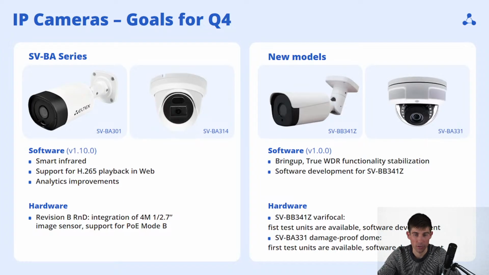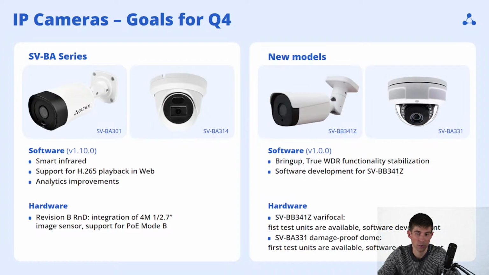And as far as new models go, they are the models on the right side of the slide. They are both at the same stage, with first testing units available and the software being developed for them.